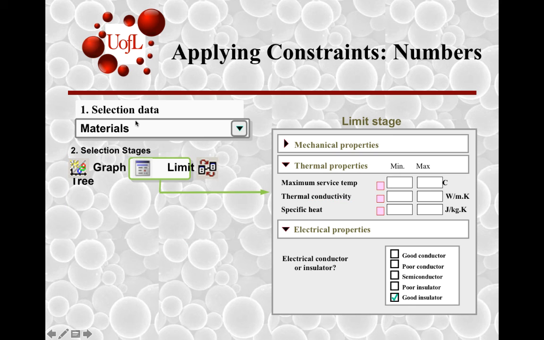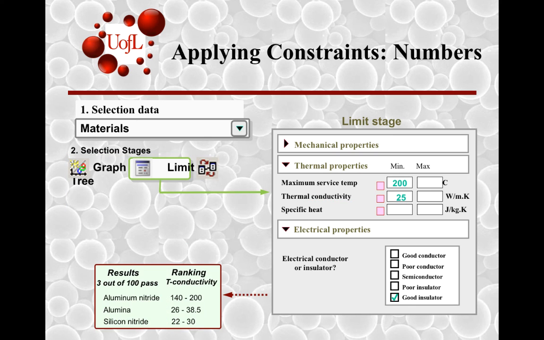If in addition, you want to limit it by addressing the fact that you want a thermal conductivity over a certain number, a service temperature over a certain number, or below a certain number, and if you want it to be an electrical insulator, then you get rid of, for instance, the glasses, the polymers based on this constraint, and you get rid of metals based on this constraint.